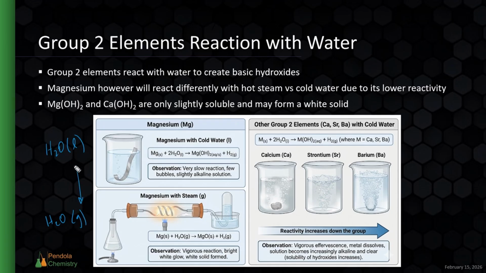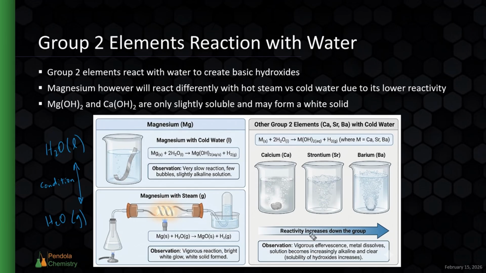The state of matter, gaseous versus liquid, is considered to be a condition. So whether the water is liquid or gaseous, for magnesium, not for the other group 2 metals, it will make a difference, creating magnesium hydroxide with the liquid cold water, but magnesium oxide with the hot gaseous steam, which is just water, of course. So that is something to keep in mind.